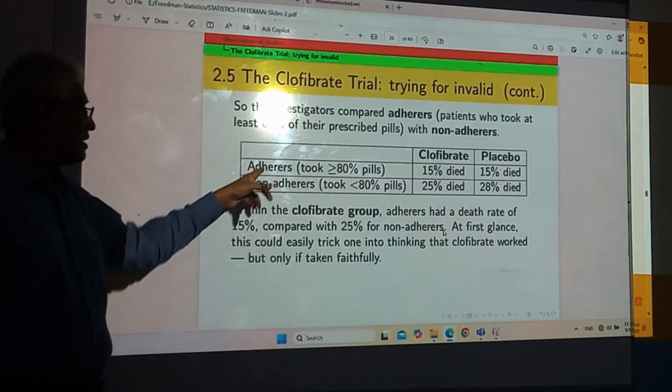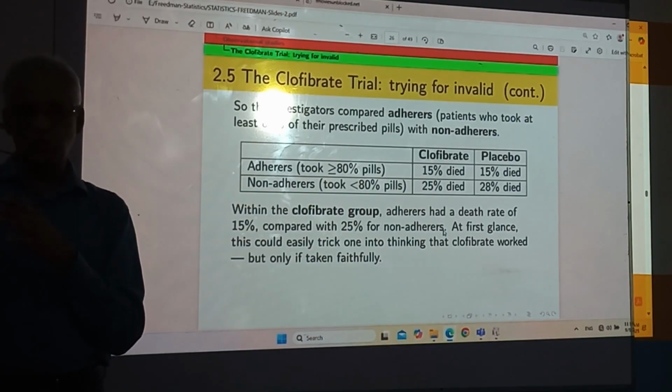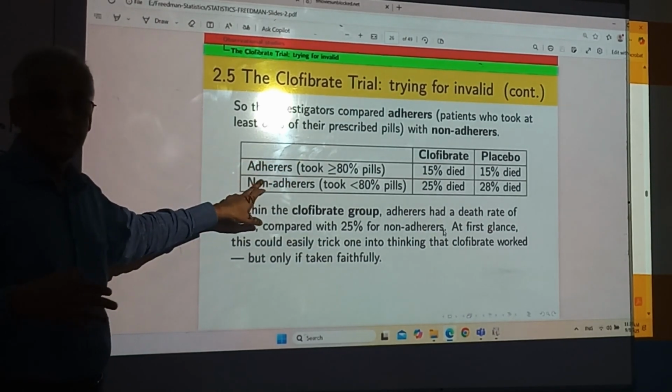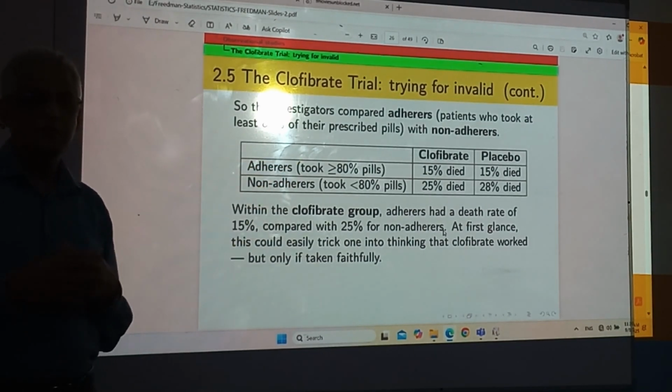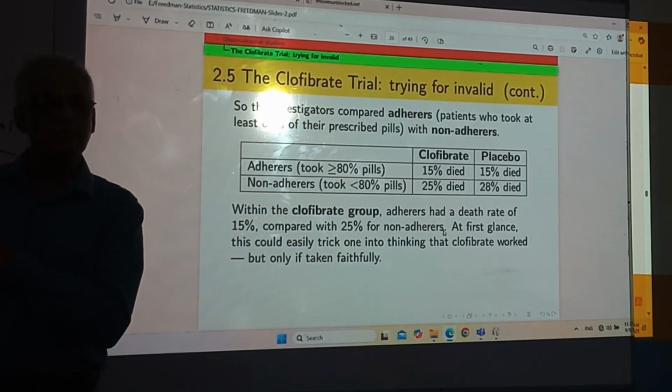Remember here the adheres and non-adheres were not randomly divided into two groups. Right? So there was a group who is going to get the medicine. That group was randomly divided. But these two were decided by the people, whether we are going to take the medicine or not, not randomly decided.